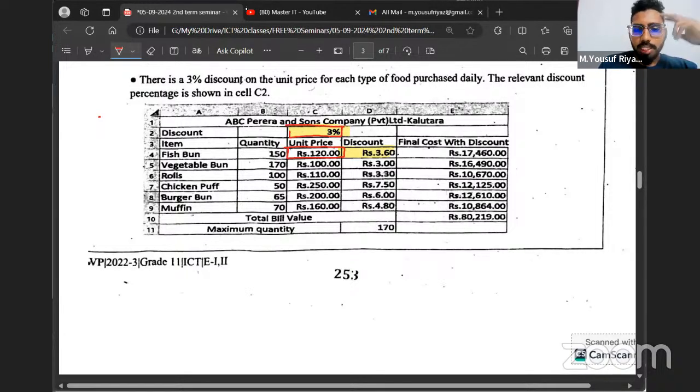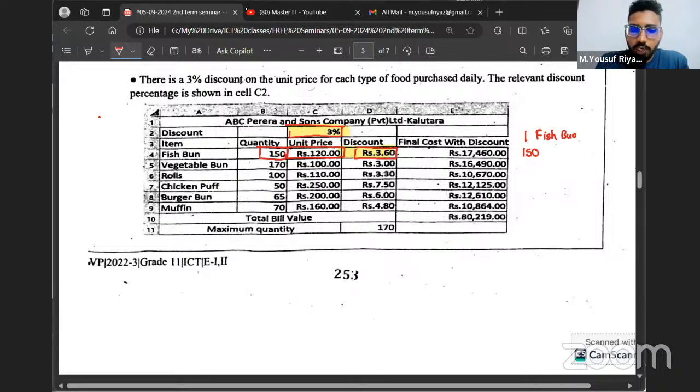Now use your common sense and tell me: they have mentioned this 3.60. Does this 3.60 look like the discount of one fish bun, or does it look like the discount of 150 fish buns? Compare the values and tell me.